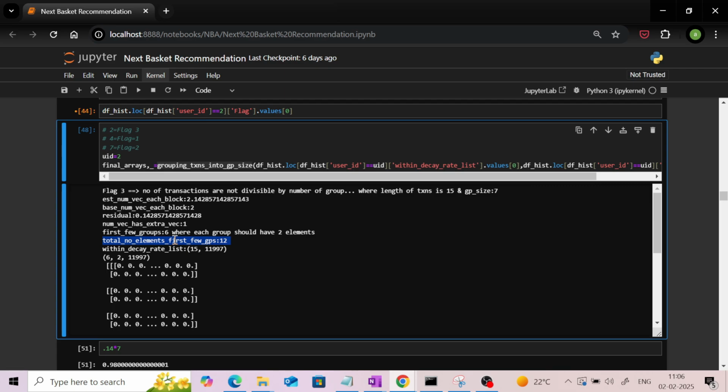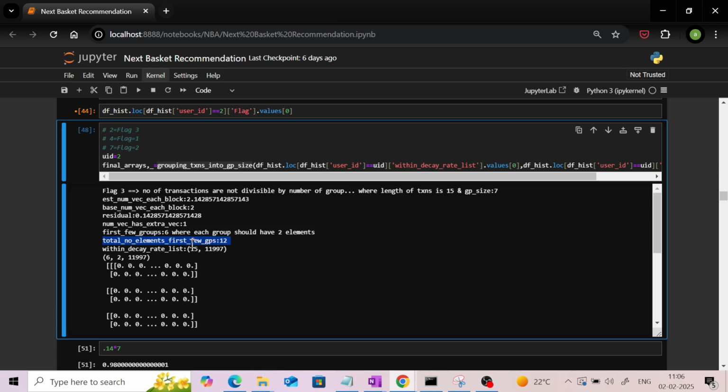So total of 12 transactions have been taken into account for grouping it. And the within decay rate list, this is the output of the ripple effect for the user ID 2. So it says like we have like 15 transactions, and each transaction is of the length 11,997, out of which 12 transactions has been grouped into 6 groups.